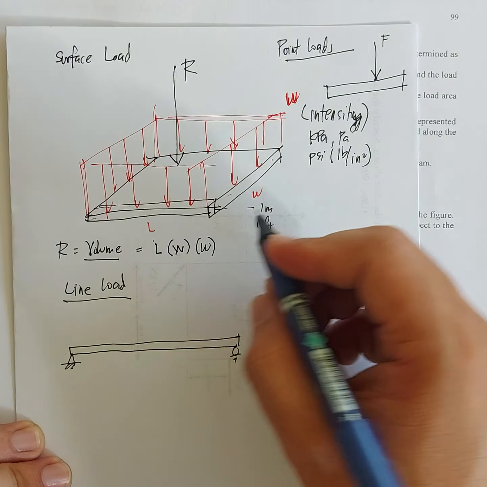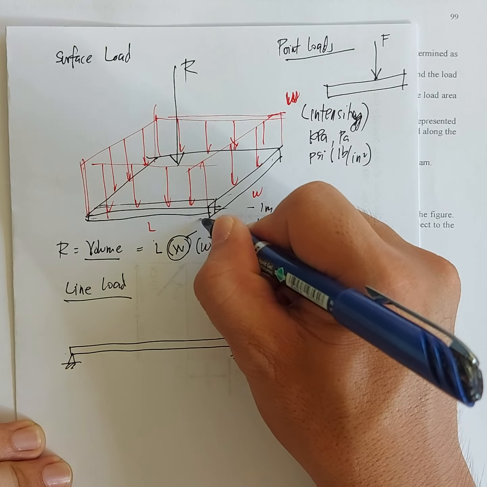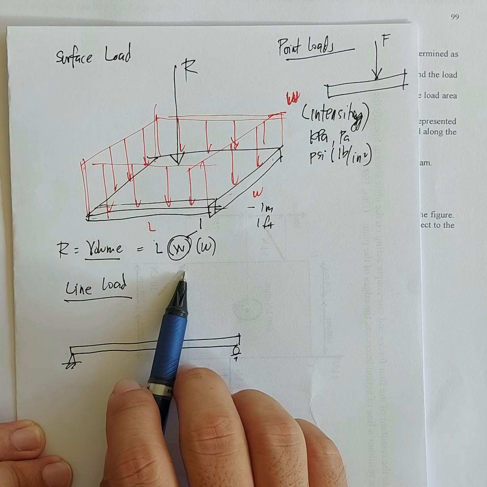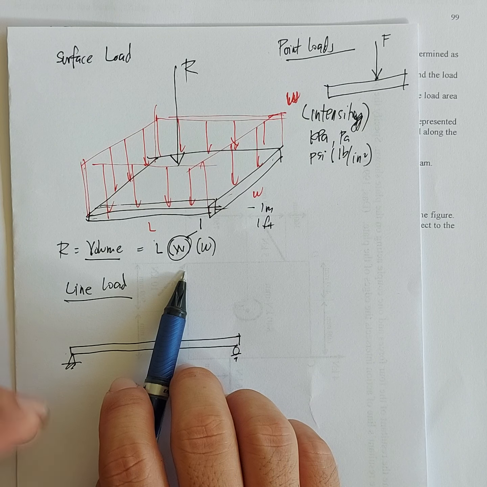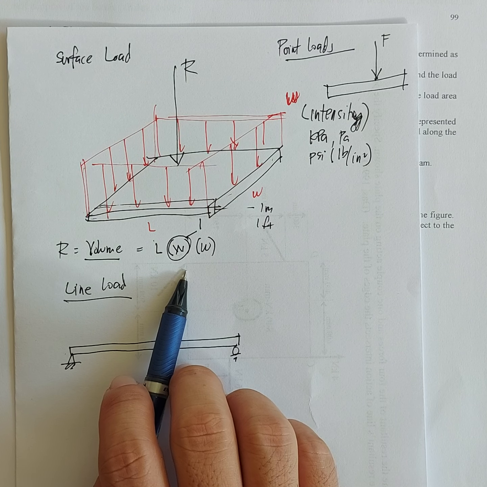So that yung width niya later on will just be equal to 1. So that if that is the case, I can analyze this as a line load na. So magiging line load na lang siya.